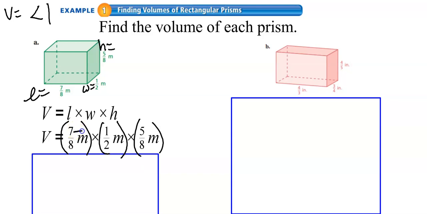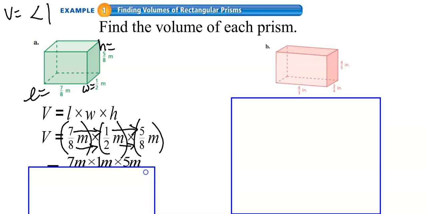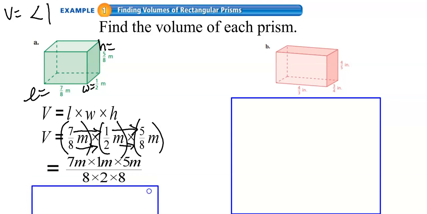Remember, I multiply across the numerators, and then I multiply across the denominators. This is kind of weird because I'm multiplying 3 numbers at a time, but it's also kind of fun. So watch what happens, right? I just do the 7 meters times 1 meter times 5 meters, and then I put it over 8 times 2 times 8. The bottom doesn't have any units because the units are attached with the top number.